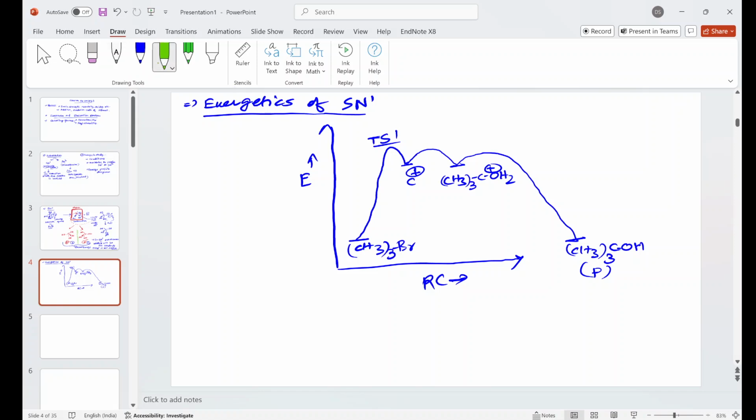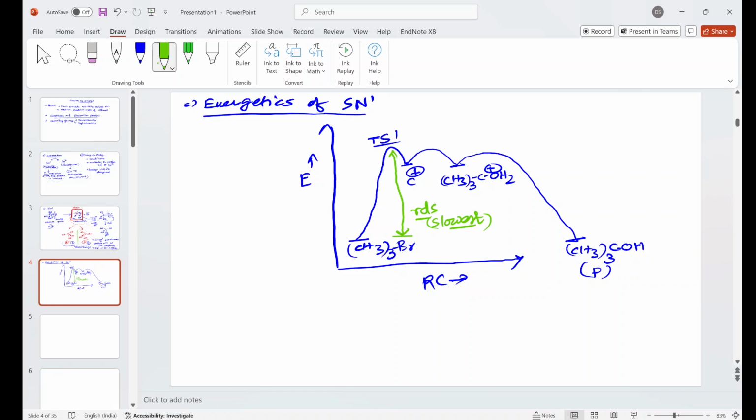You can see here, this will be the activation energy for your reaction. And that is the RDS. RDS is also called the rate determining step, which is the slowest step of the reaction.